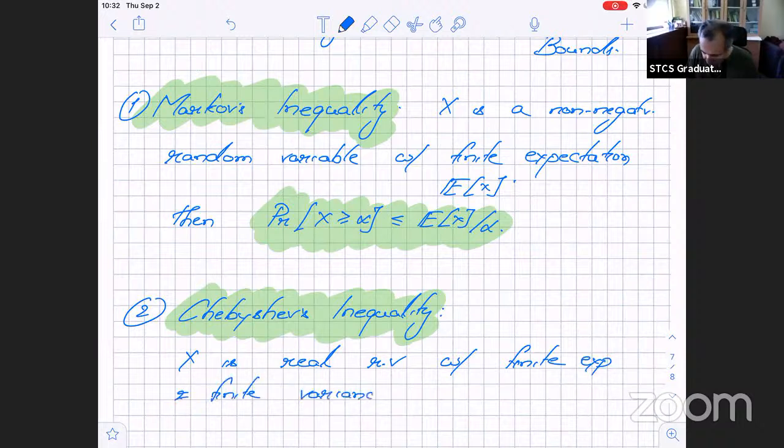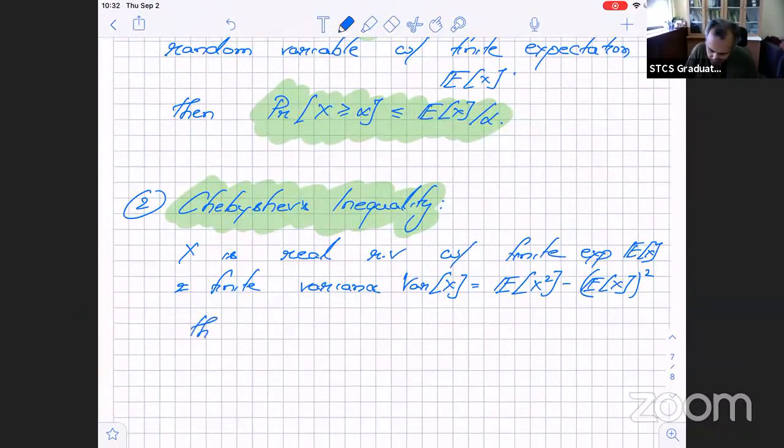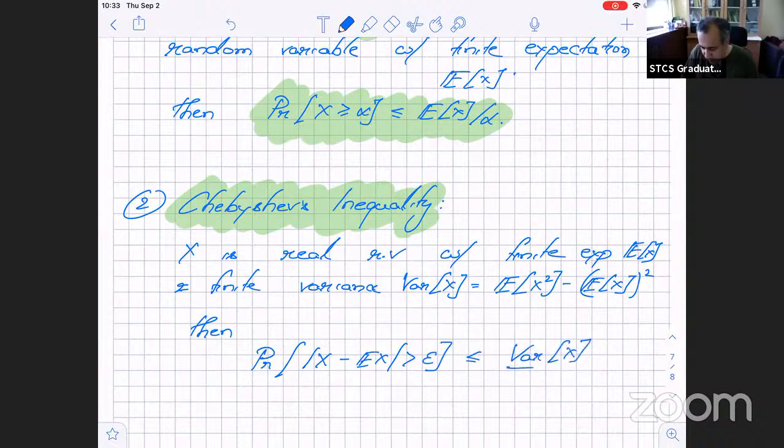The variance of X is expectation of X squared minus the square of the expectation of X. Then the probability that X differs from the expectation by more than epsilon is less than or equal to the variance of X divided by epsilon squared.